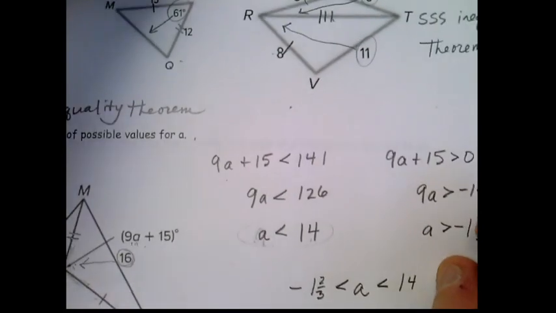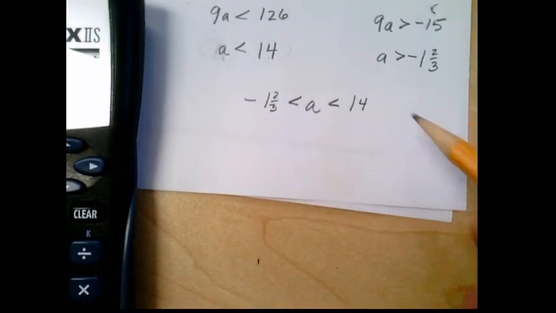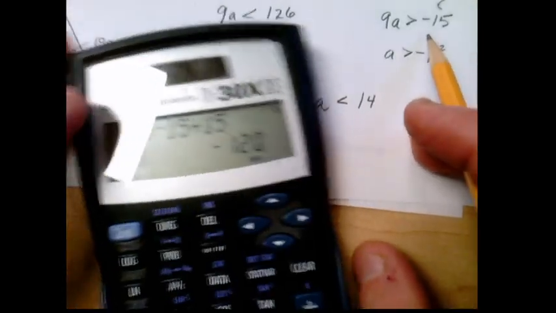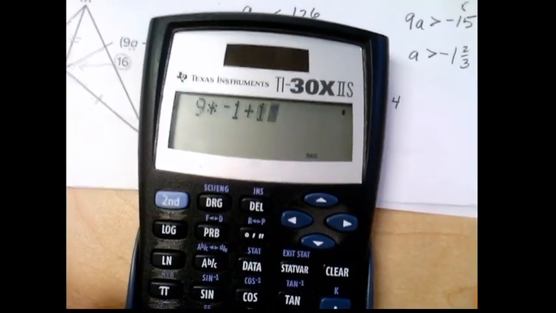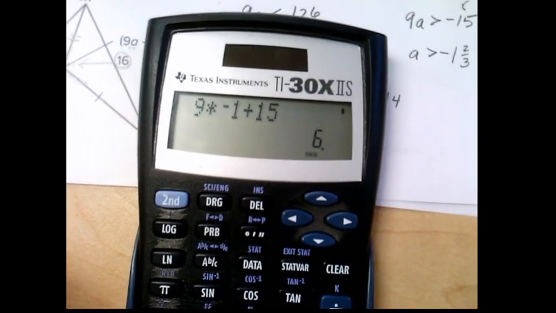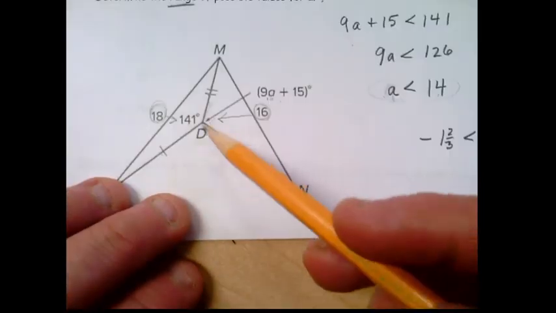So as I look back at this, let's try this for just a second. A number that would lie between these two, let's say negative 1. If I plug this in, 9 times negative 1 plus 15 gives me a 6 degree angle. I don't know what the measure of this angle is.